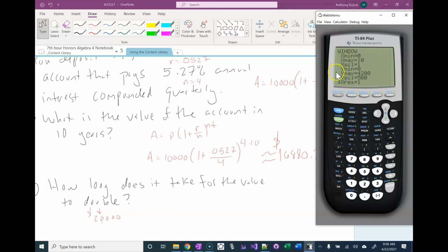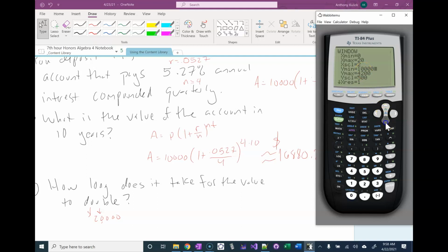I'm going to set my window. I know it's going to be more than 10 years. 10 years got me to almost 17,000. So I'm just going to go with 20 years. If I got more than halfway there in 10 years, I should be able to get all the way to double in 20 years. Since we're going 0 to 20, let's go up by 2s. 20 is a lot of tick marks for the calculator to hold. The minimum value would be 10,000, the initial value of the account.